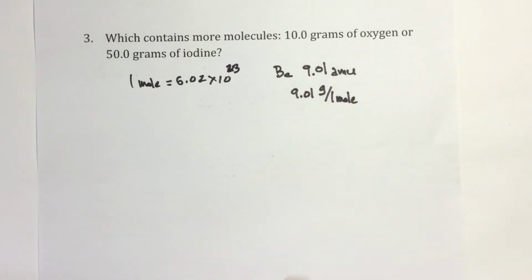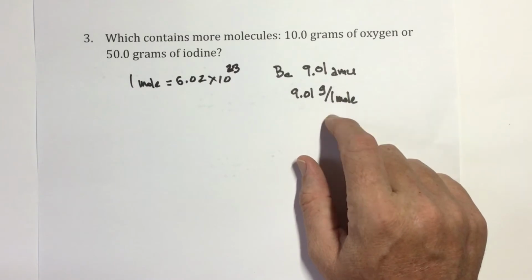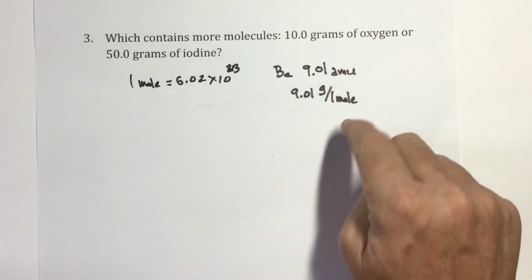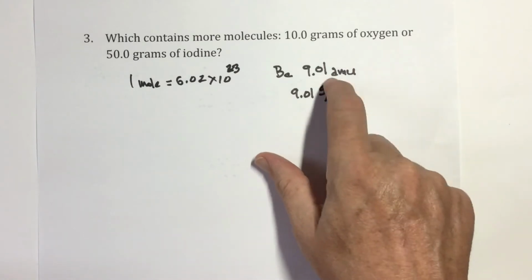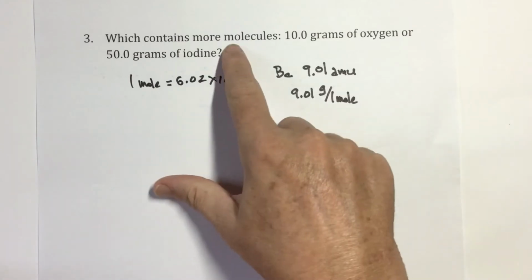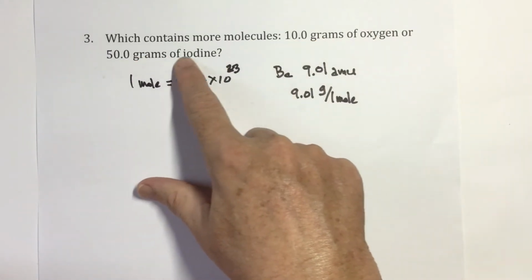So if I know the atomic mass of something in grams, then I know that that number of grams represents 1 mole of that substance. So that's our key bit of info here. Okay, so which contains more molecules, 10.0 grams of oxygen or 50 grams of iodine?